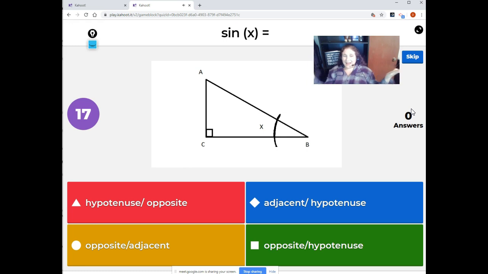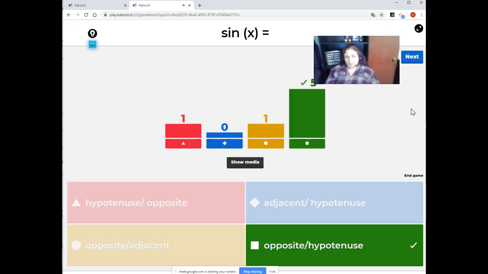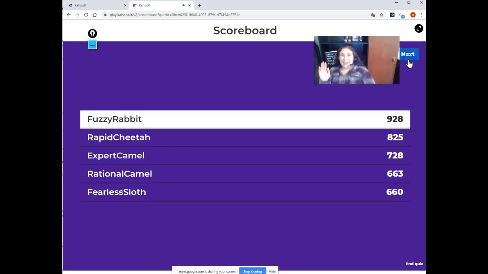What is sine of X? So. Remember, S-O-H. And here's the great news. You actually get a formula sheet and it tells you sine is opposite over hypotenuse.